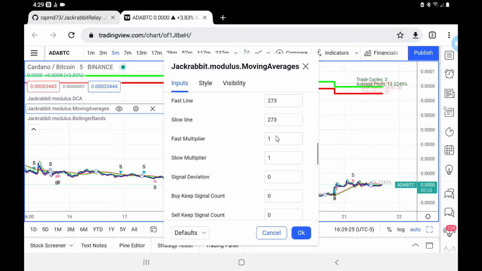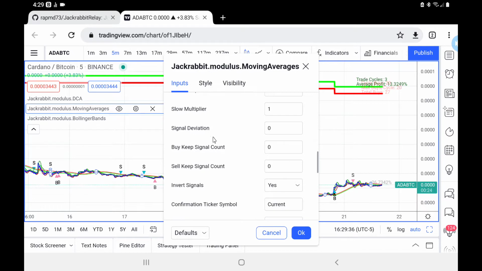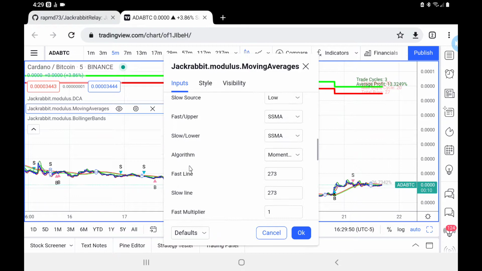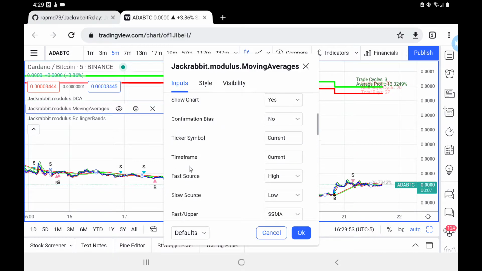Now I didn't need to mess with the multipliers just because the volatility is already extremely difficult to work with. And I inverted it. So I wanted a momentum based upon trend. So this is pretty simple, almost cookie cutter, but still quite effective.